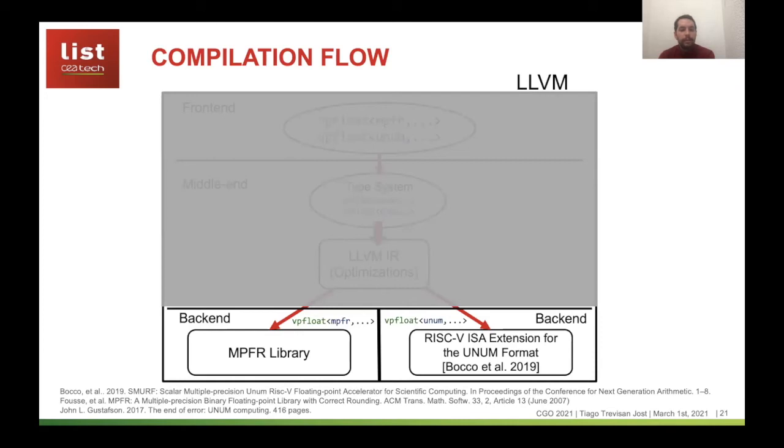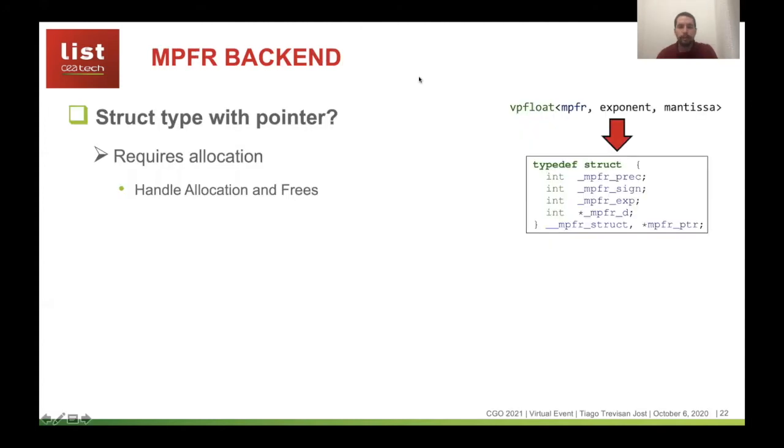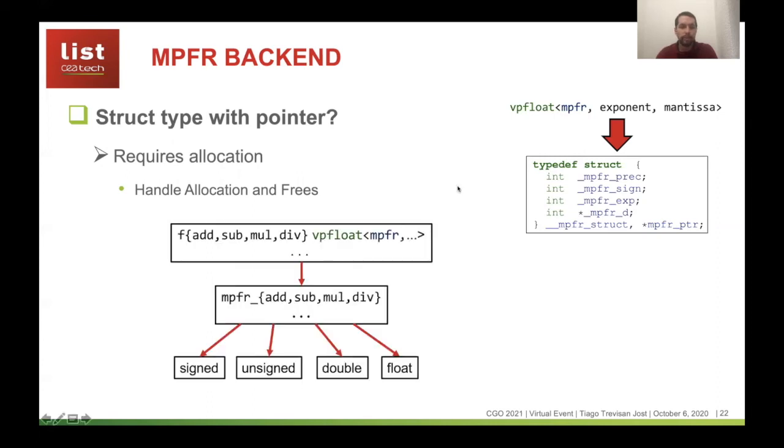In terms of the backend, we provide support for two different backends, one for a software target and another one for the hardware target. The first backend consists of an LLVM IR transformation pass that changes all references from VP-float MPFR to the real MPFR library. Because MPFR has a struct with a pointer, it requires us to handle all the allocations and frees of the objects.